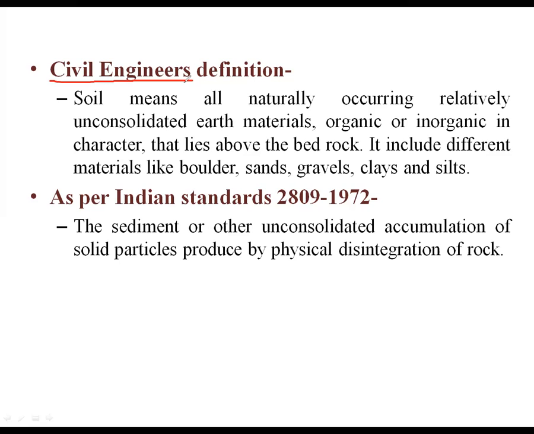Okay. So first of all, the words in the definition show the clear meaning of what civil engineering intends: naturally occurring. It does not occur artificially. You could not get natural kinds of soil by artificial means.